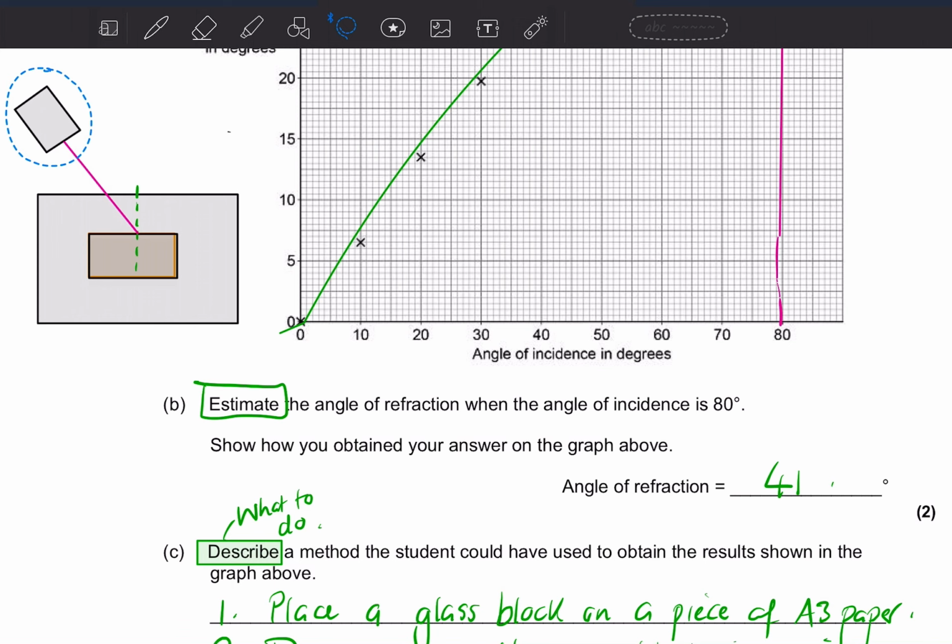So I'm going to shine it there. I'm just going to label that as the ray box. And we have to put an arrow on to show which way the light is shining. So if we then measure this angle here, this gives us the angle of incidence.